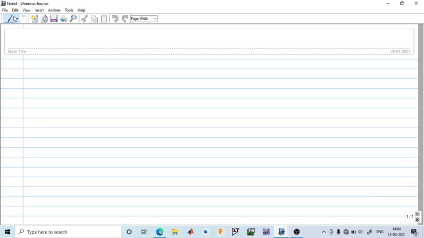A median means a line that divides the length into two halves. Suppose this is a triangle, a line that divides this baseline into two halves.